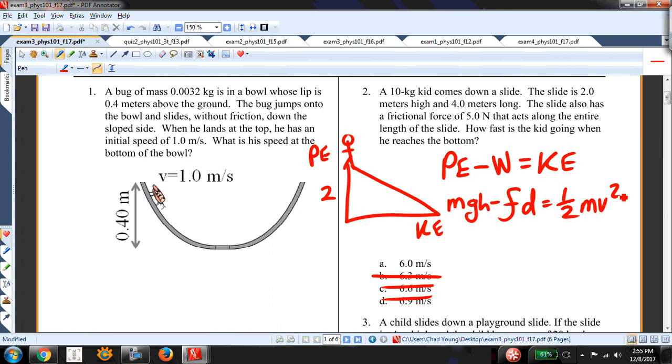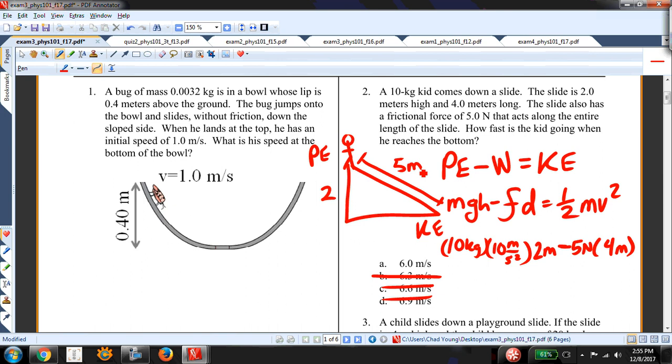Now, our masses don't cancel out here, but we got the mass anyway, so it doesn't matter. 10 kilograms, 10 meters per second squared, h is still 2 meters, minus the frictional force, 5 newtons, times 4 meters. That's the distance over which this frictional force occurs.